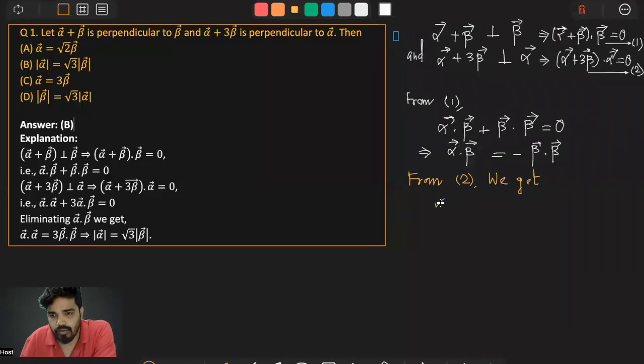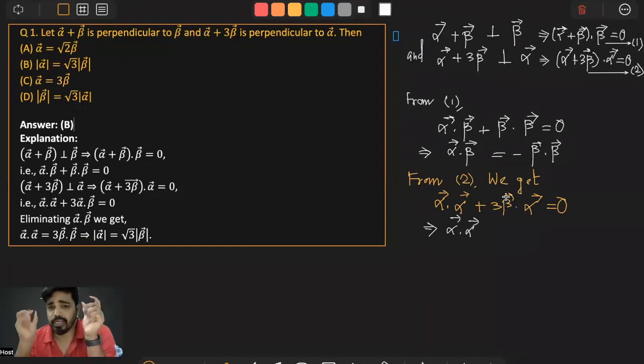That means alpha dot alpha plus 3 beta dot alpha is equal to 0. The dot product is commutative, alpha dot beta and beta dot alpha are same. So alpha dot beta can be written as minus beta dot beta.